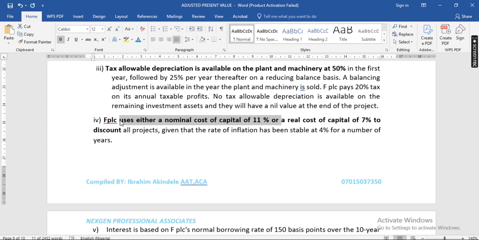So what you need to do is use the real cost of capital of 7%, convert it to money cost of capital or nominal cost of capital. When you convert it, you will have this 11%. Then use that 11% as the nominal cost of capital to discount. So we don't need to calculate it again, but we will test it together if we will arrive at this 11%.